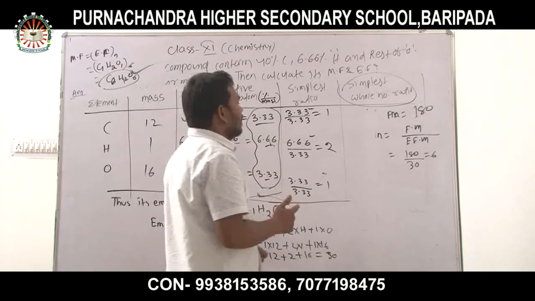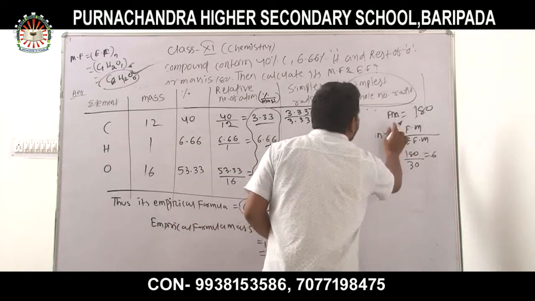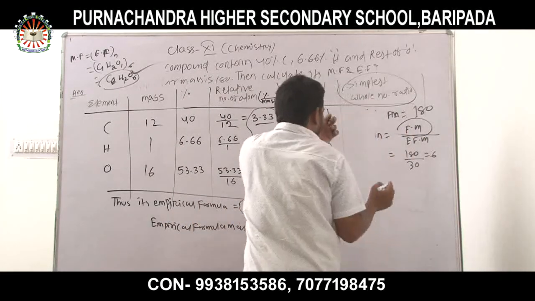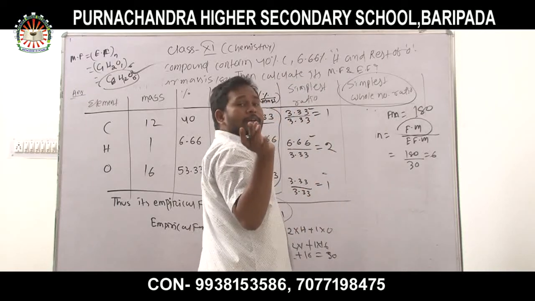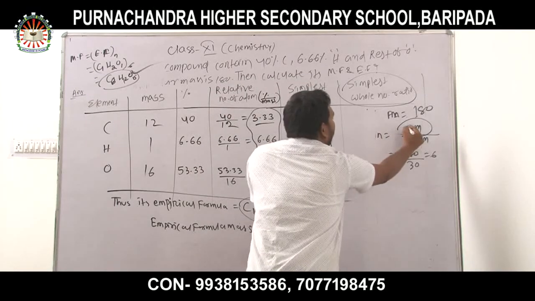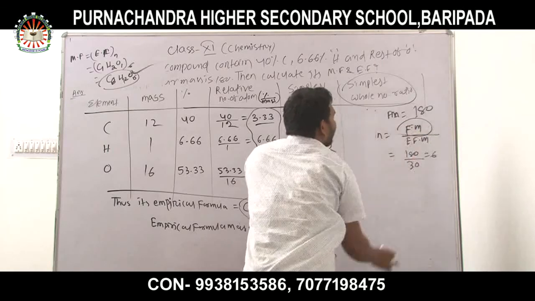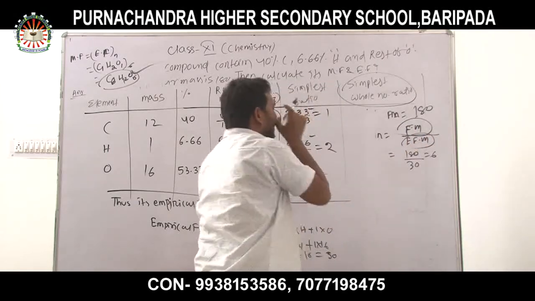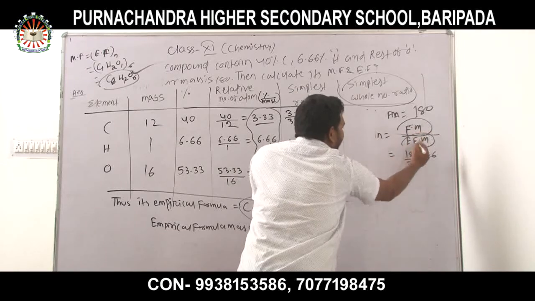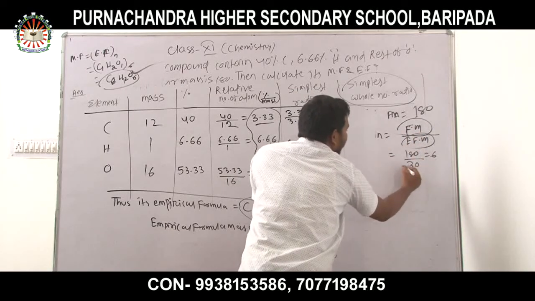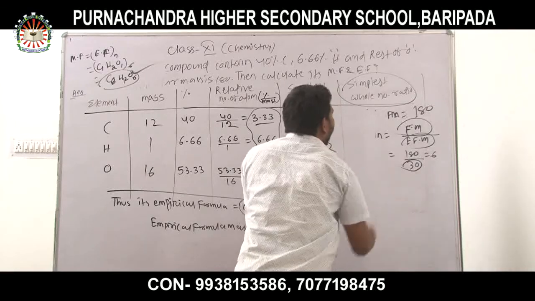In the previous part, we already learned how n can be calculated: the formula mass or molecular mass of the compound divided by the empirical formula mass. Formula mass is 180 and empirical formula mass is 30, so n is 6.